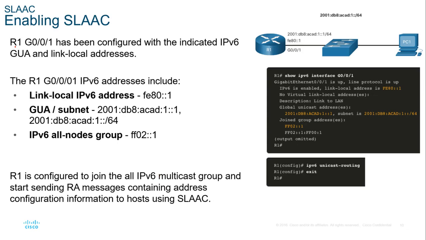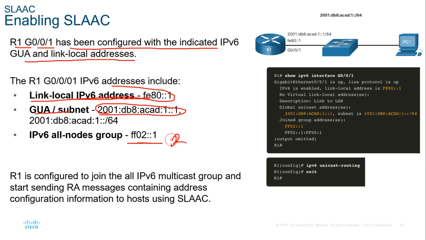So there is router 1 with gigabit Ethernet 0/0/1 configured with the indicated IPv6 global unicast address and link local address. We have the link local address as this one here, then the global unicast or the subnet is this. And then we have the IPv6 all nodes multicast address.